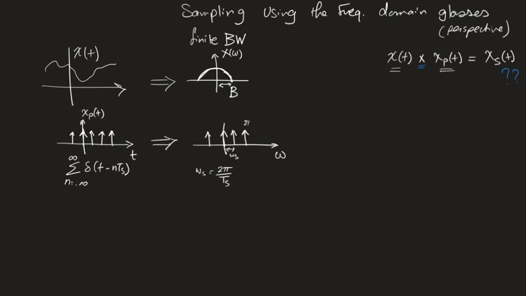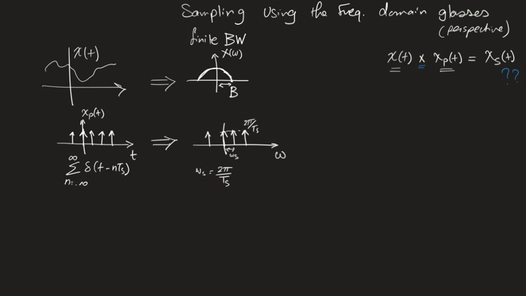So they are spaced by a distance of 2 pi over Ts, and their magnitude is equal to 2 pi over Ts. They exist at omega s, 2 omega s, 3 omega s, and so on, which is 2 pi over Ts, 4 pi over Ts, 6 pi over Ts, and so on, okay?